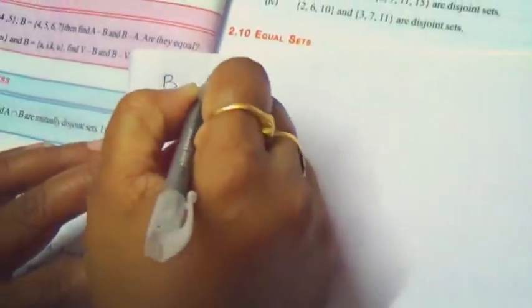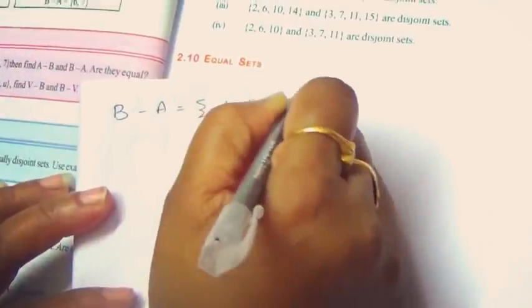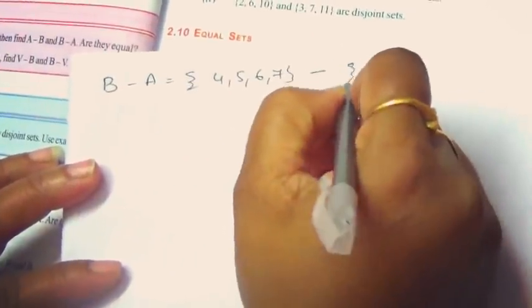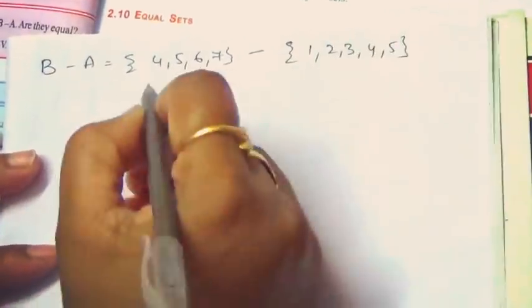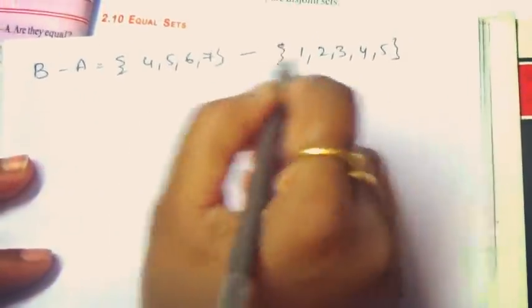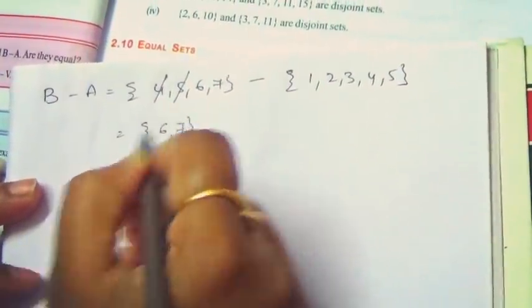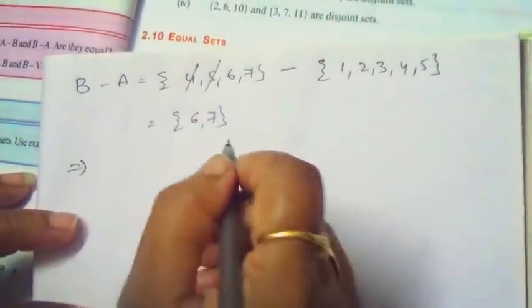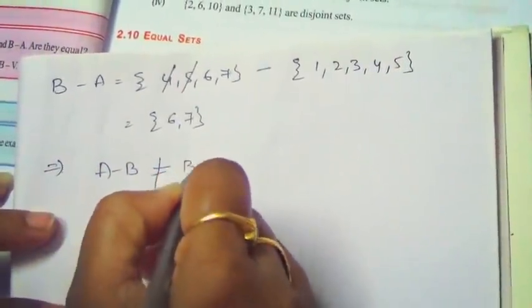B elements are 4, 5, 6, 7 minus A, 1, 2, 3, 4, 5. Strike out the elements which belong to A. Only we have 6, 7. So from both of these, A minus B is not equal to B minus A.